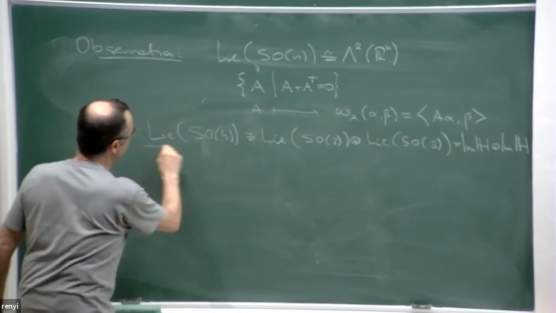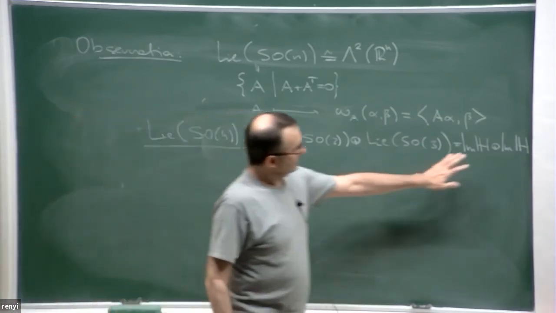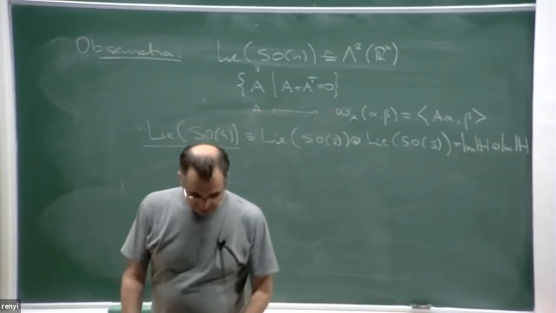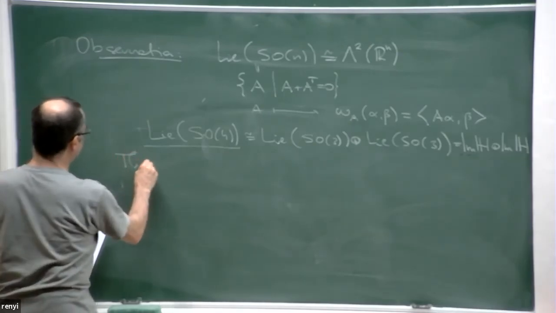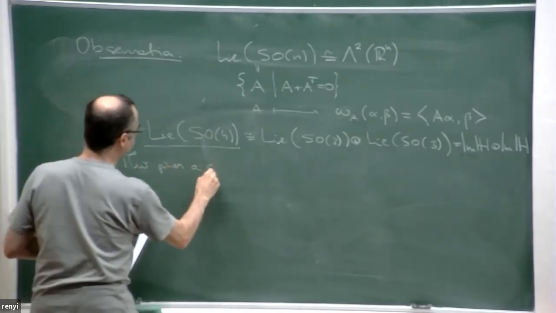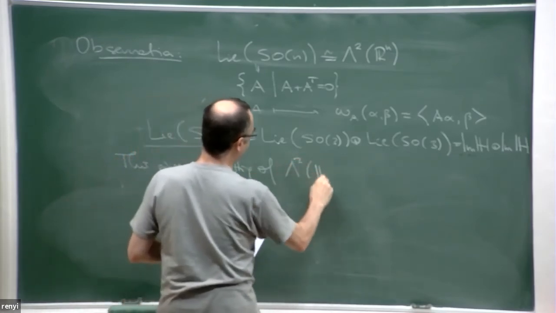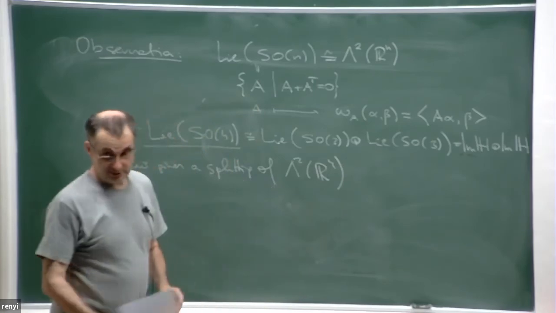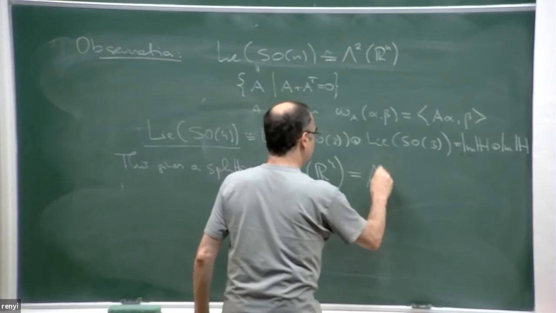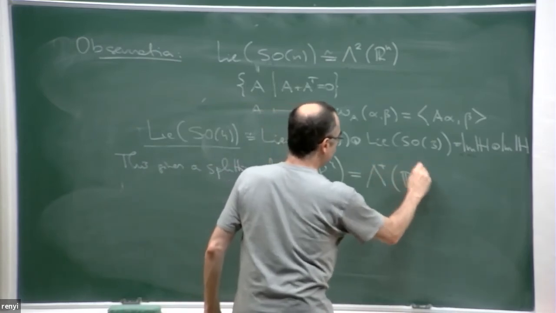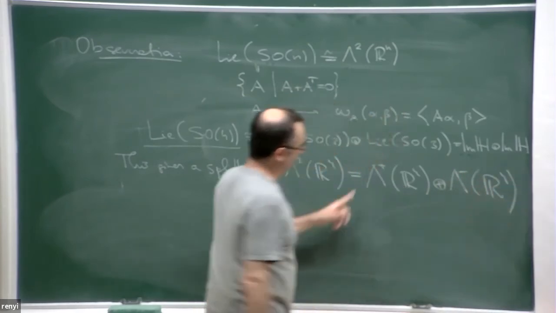Again, this is the only Lie algebra among the SO(n)s which splits as a direct sum. So this gives a splitting of lambda 2 of R^4, since this guy is isomorphic to that, and the corresponding splitting is denoted like this, lambda plus and lambda minus.